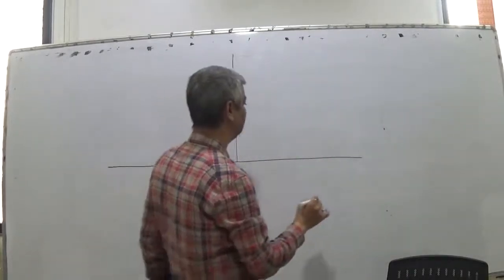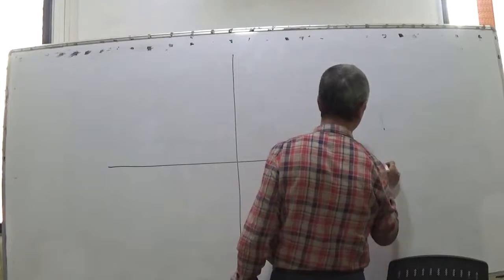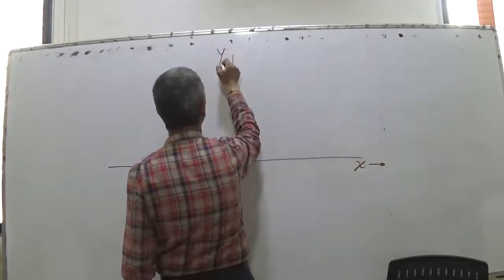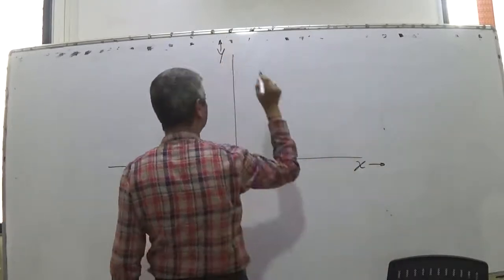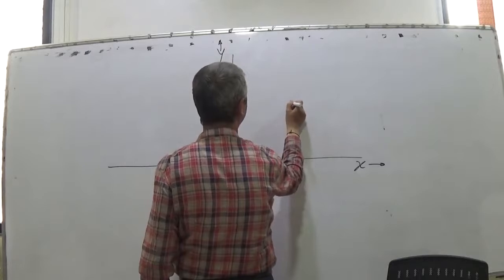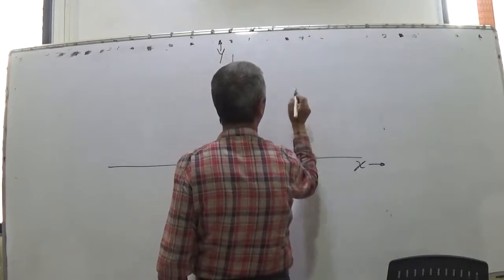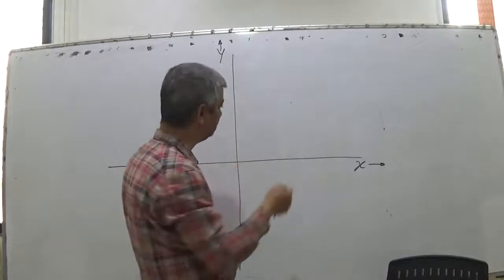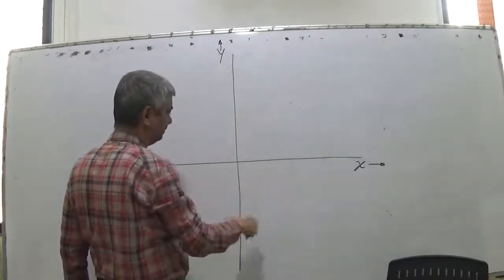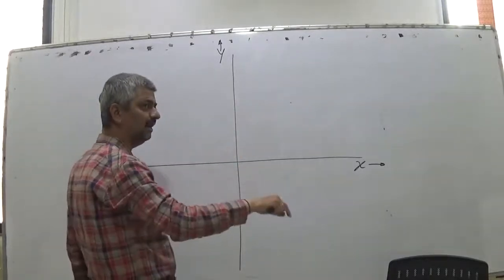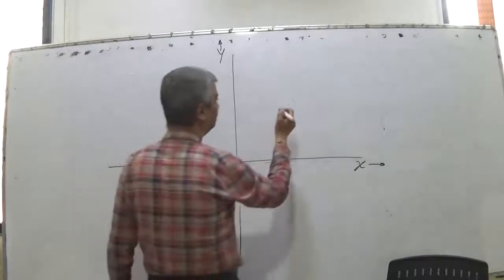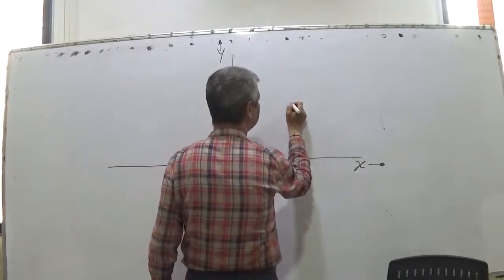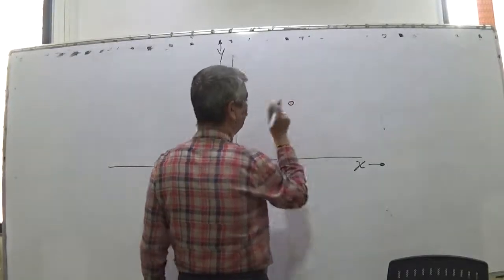So now it is the x-axis, it is the y-axis. Now this is the position. So what is a position signal? Something which is moving like this. So at a given point of time, it is having this value.